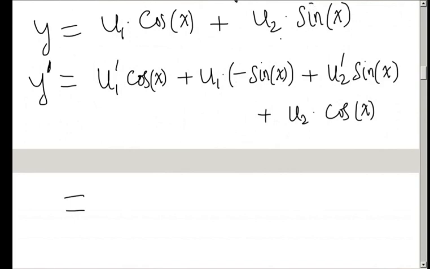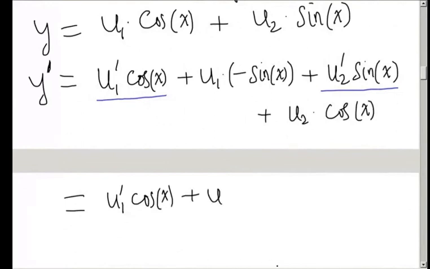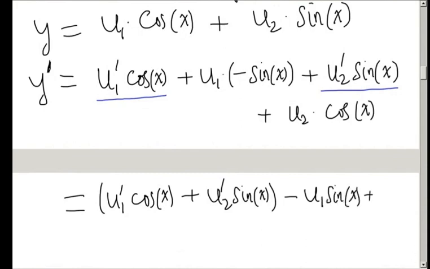The first group contains the derivatives of u, so u1 prime, u2 prime. I will combine them into u1 prime cosine x plus u2 prime sine of x, my first group. And the second group, I just leave the rest, so minus u1 sine x plus u2 cosine x.